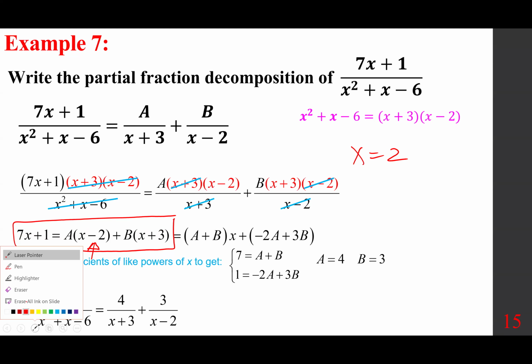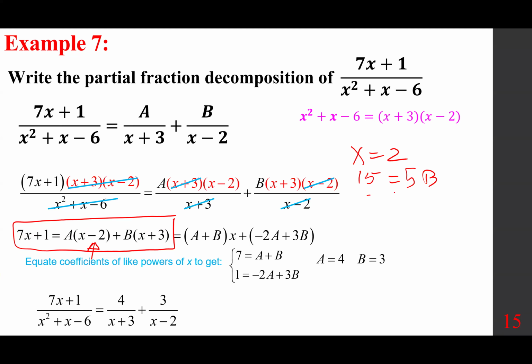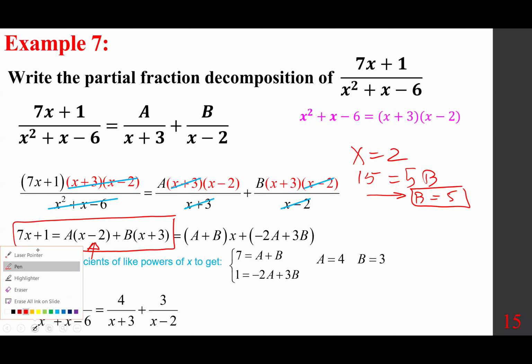So I get 15 equals 5b, and therefore b equals 3. So I'm going to quickly recap that for you. I'm going to replace the x with 2. When I do that, this goes away. This 2 times 7, 14 and 1 is 15. This 2 and 3, 5b, b is 3.